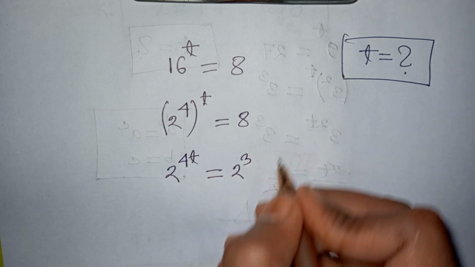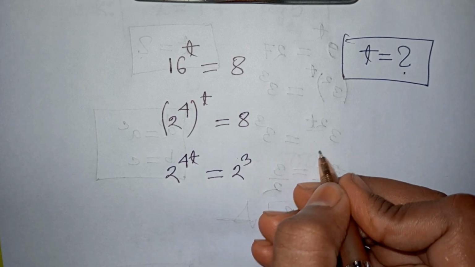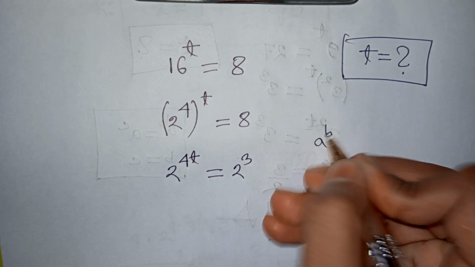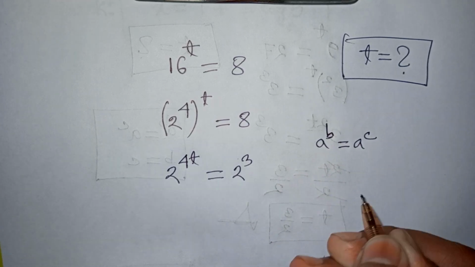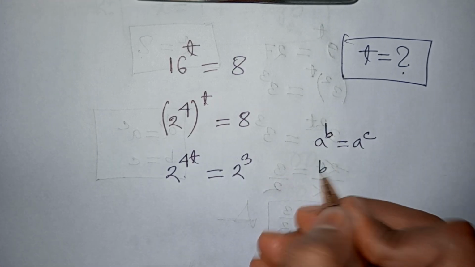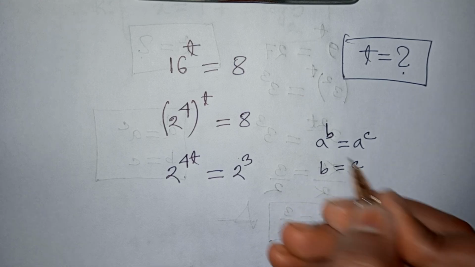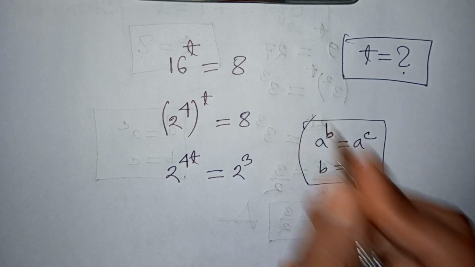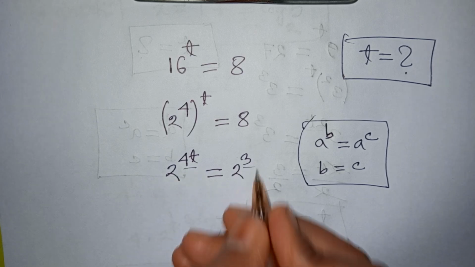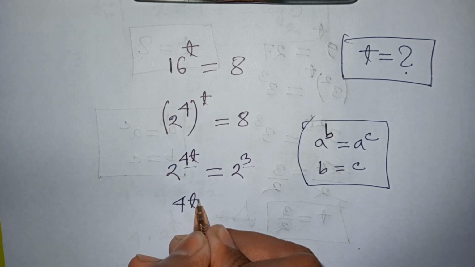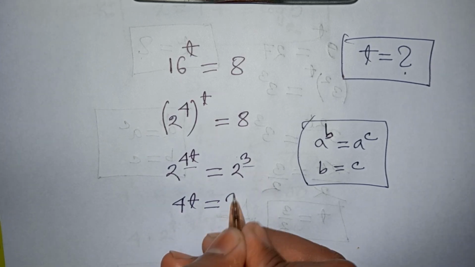In the next step, here we apply the exponential rule that if a^b is equal to a^c, then b will be equal to c. A will be cancelled, so here 2 will be cancelled. So this power will be equal to this power, that means 4t will be equal to 3.